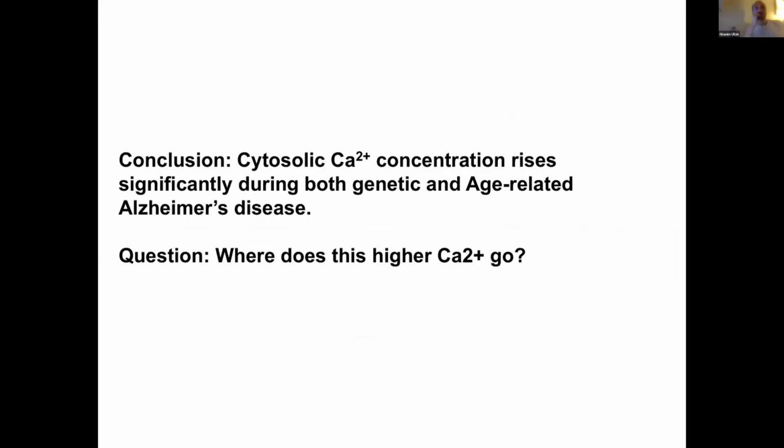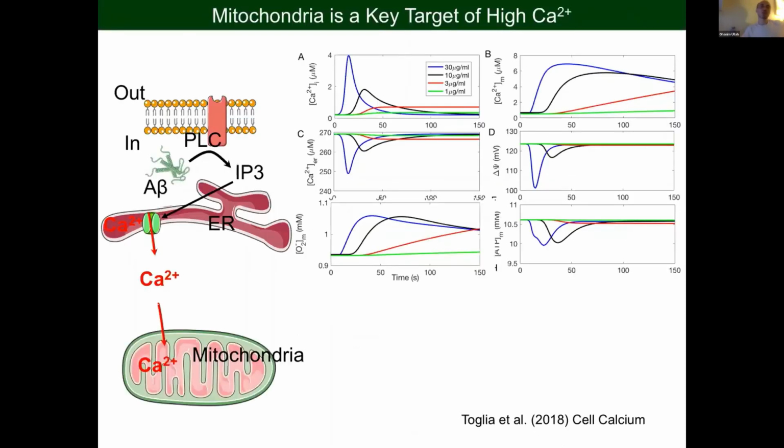Yeah. So the question is, where does this higher calcium go? And the answer is, mitochondria is one of the main targets for the calcium. So when calcium is released, the cytosolic calcium goes up, and calcium goes into the mitochondria.